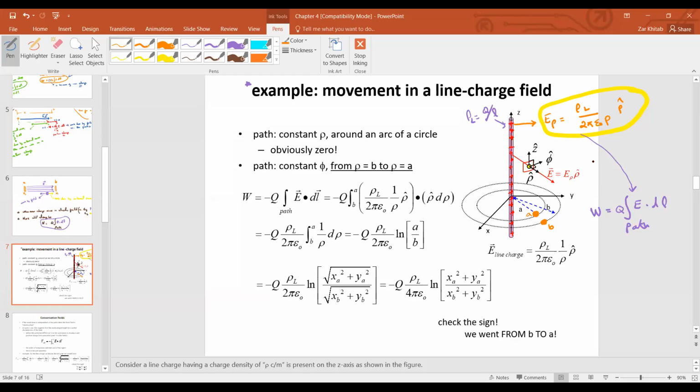What if I try to move a charge from here to here? How much work is required to move a charge from here to here?